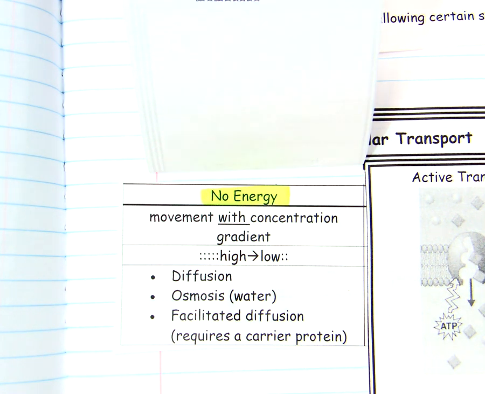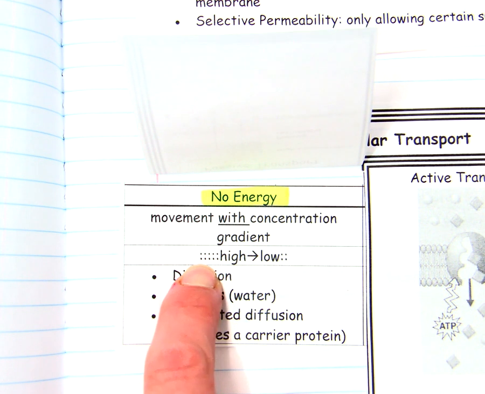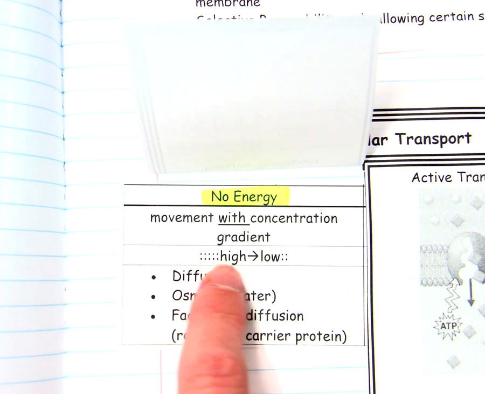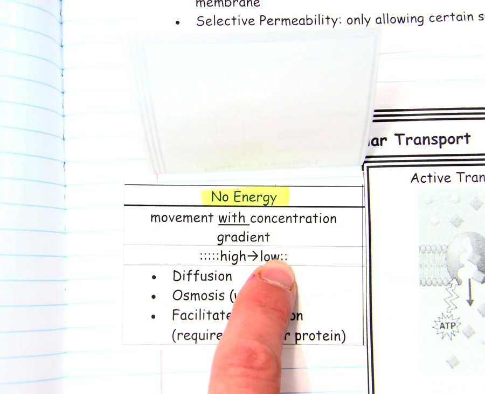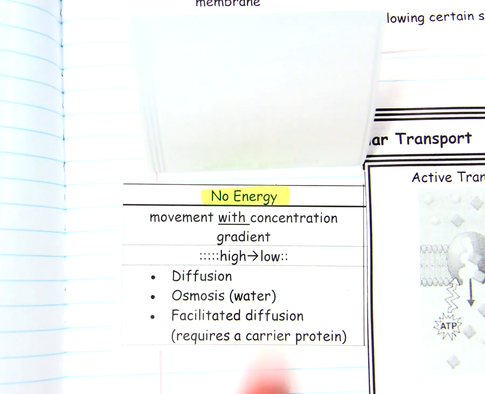Things are going to move with the concentration gradient. So if we have a bunch of something in the water, say sugar, it's going to move to where there's less sugar. Or think about somebody spraying perfume or cologne.